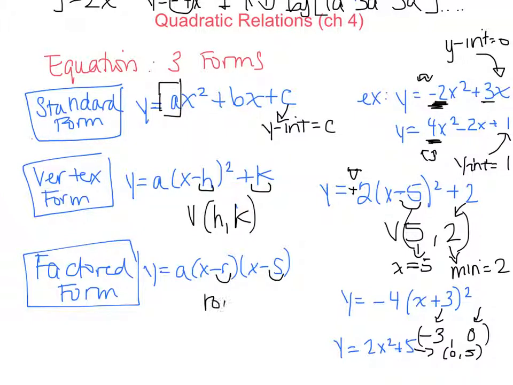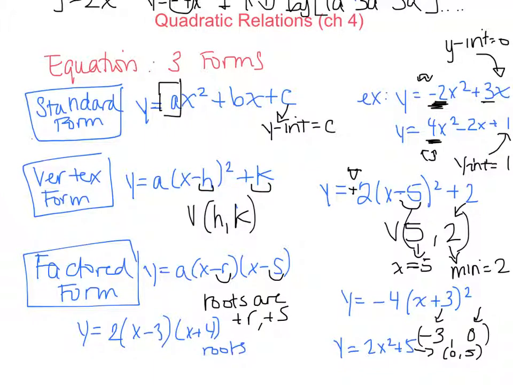So our roots are r and s. And from an equation such as y equals 2(x minus 3)(x plus 4), we would read that the roots or the zeros would be 3 and negative 4, because we remember to change the signs when they come out of the brackets.